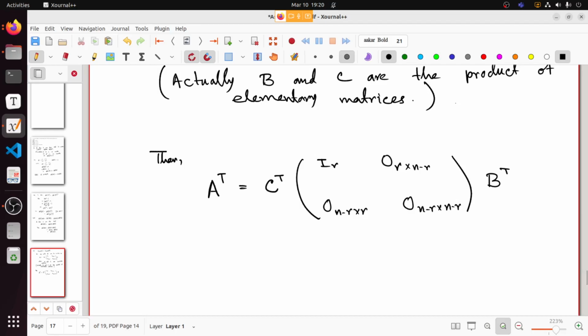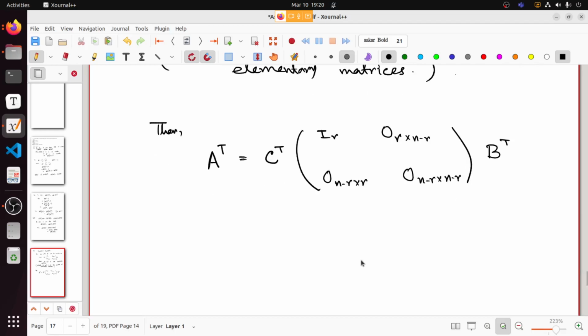So if you transpose it, it will become this, and again B transpose and C transpose are invertible.